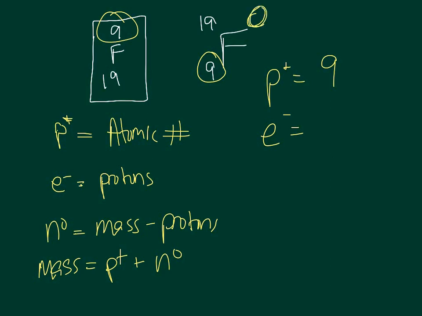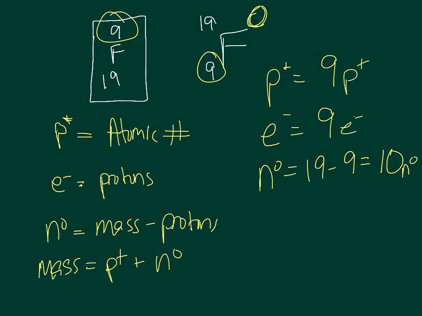But since there's nothing there, we know there's no charge. So that's 9 electrons. And as for the neutrons, we said it's equal to the mass number, 19, minus the protons, 9. So for fluorine, I have 10 neutrons, 9 electrons, and 9 protons.